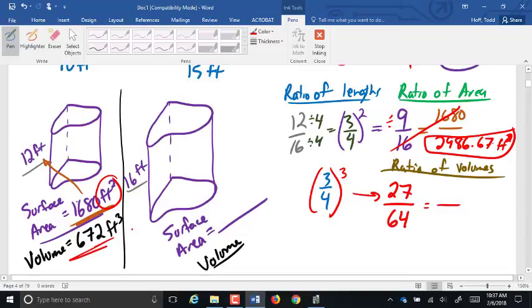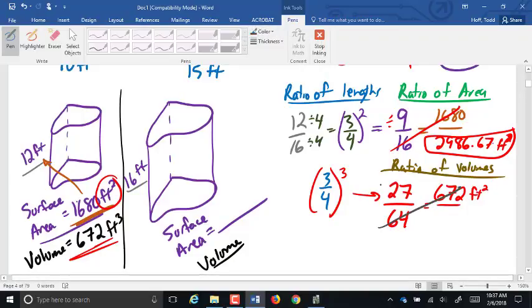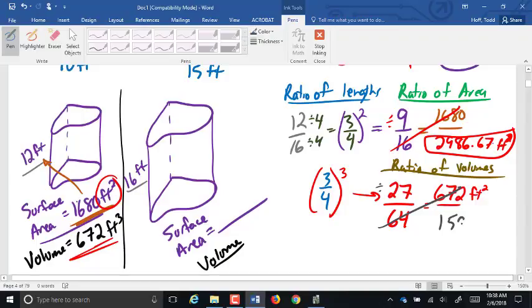Now we have the 672 from the smaller one. We will cross multiply and divide again. 64 times 672 divided by 27. So 1592.89 square feet.